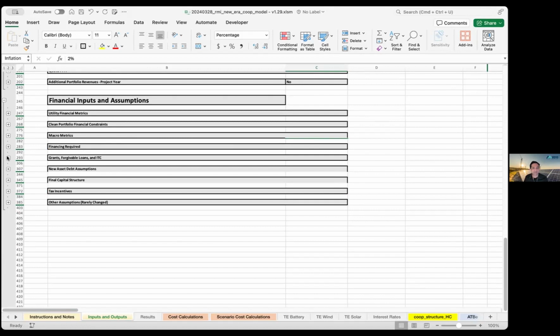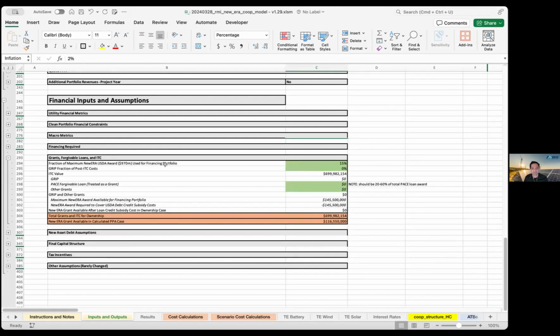So that gets us to the next important section where we discuss the specific inputs that are tied in particular to the New Era award and other key grants that you may be considering here. The first thing we incorporate here is for each portfolio in a given scenario, you can set the percentage of the maximum New Era award, which is $970 million, that is usable for this particular financing portfolio.